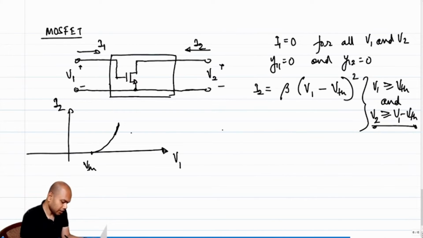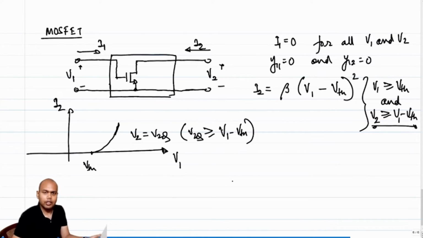This is for a certain V2, say V2Q, which must also ensure that V2Q is greater than or equal to V1 minus VTH for the whole range of V1 that I have plotted the curve for.